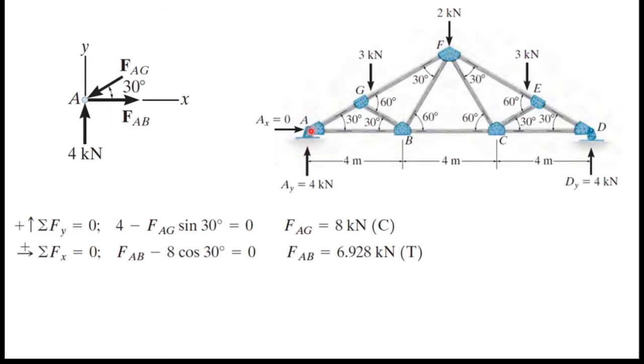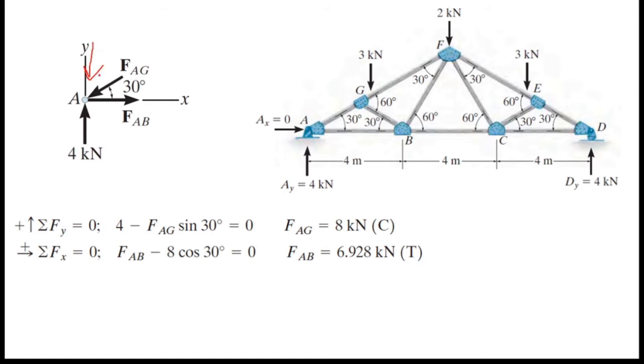First I will consider joint A. If I consider joint A, there are 3 forces: first this support reaction, then member force of AG, then member force of AB. I marked them here, and this angle is given in the diagram, it's 30 degrees. Here is how I marked the direction of these forces. We know this 4 kN force is exactly upward. In order to balance this force, there should be a downward force.